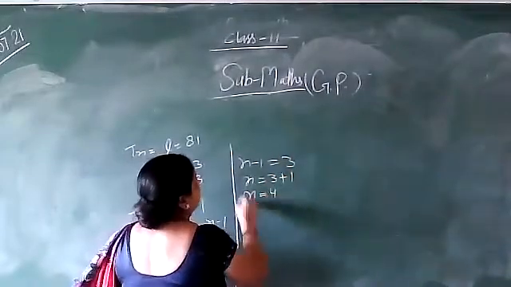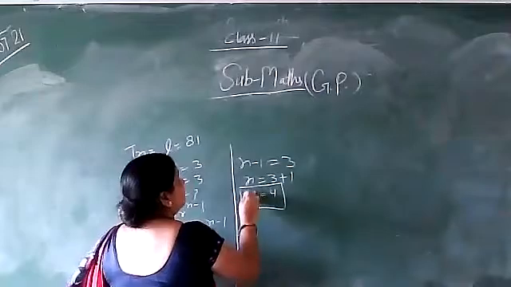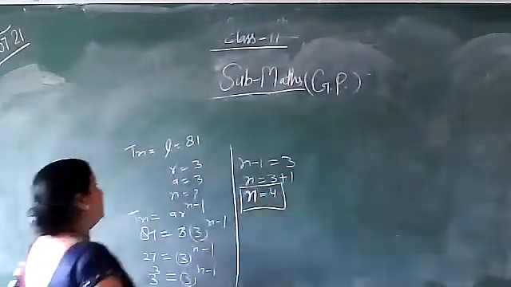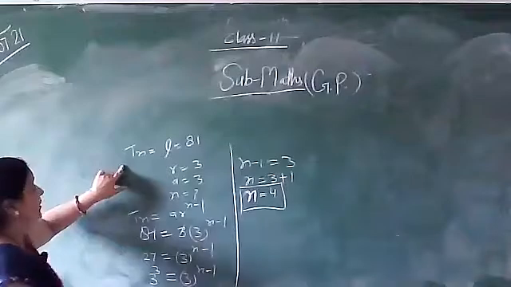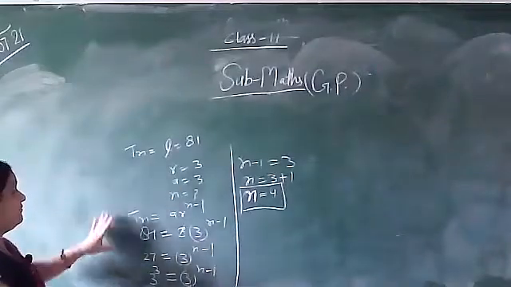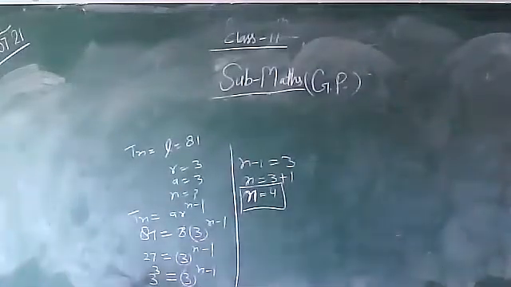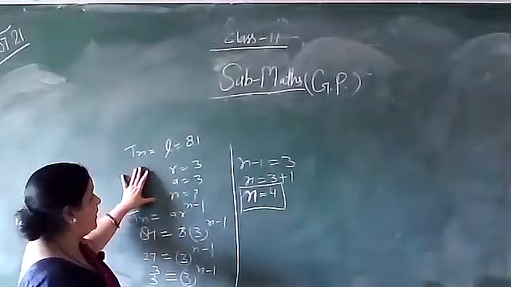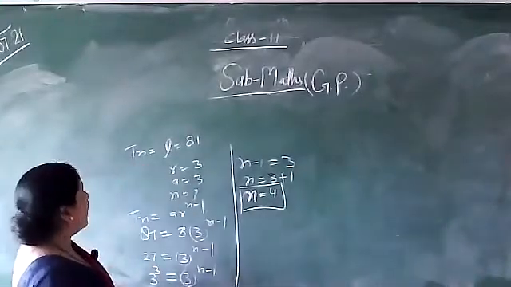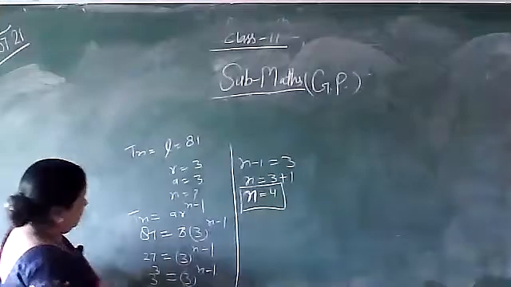This is a 4. So we find the value n equal to 4. Okay. This is L, otherwise Tn. So in this video, I explained today how we find the series, how we find the R, how we find the N, and how we find the Tn.